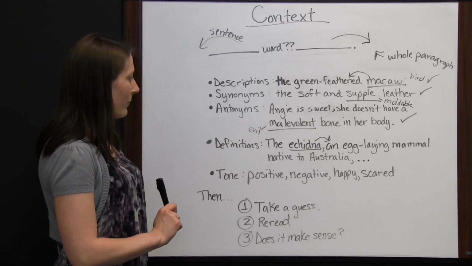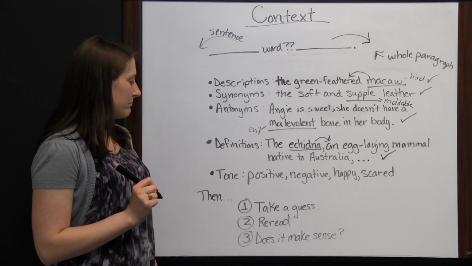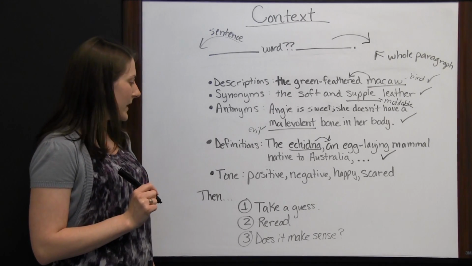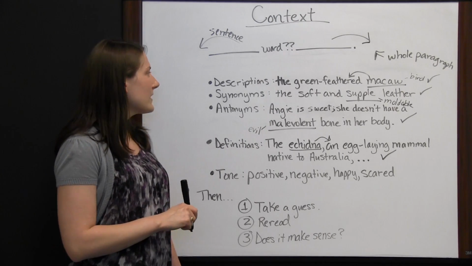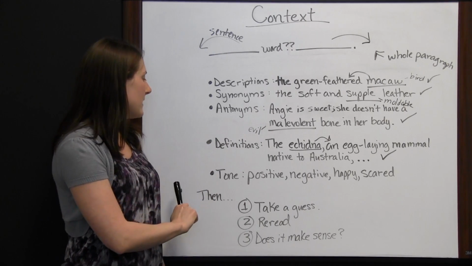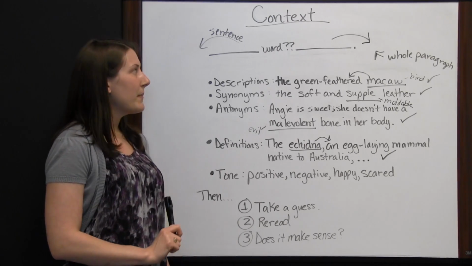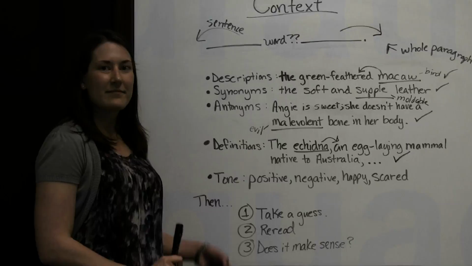And once you've checked to make sure they all make sense, then you have a pretty good idea of what that word means. And you can see how using these context clues of looking for a description, a synonym, an antonym, a definition, or the tone of a paragraph can help you figure out that pesky, unfamiliar word.